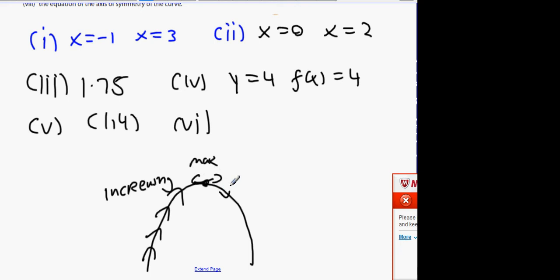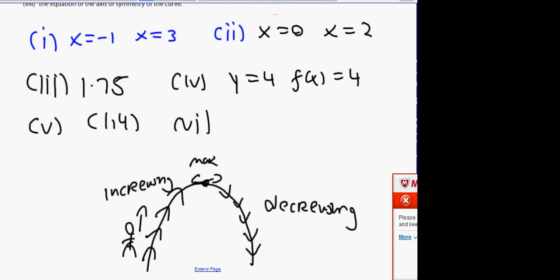When you're on your way down from the hill, you're decreasing. It's like climbing a mountain. When your altitude is increasing, the curve is increasing, the value of f of x is increasing, but when you're on your way down, it's decreasing.